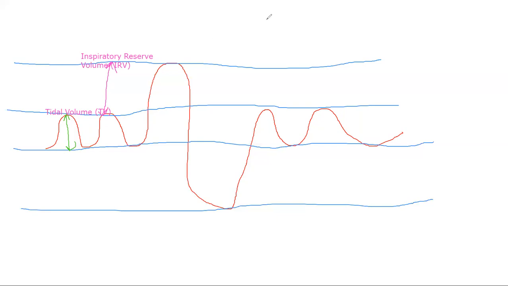If we combine those two together, that is your inspiratory capacity.